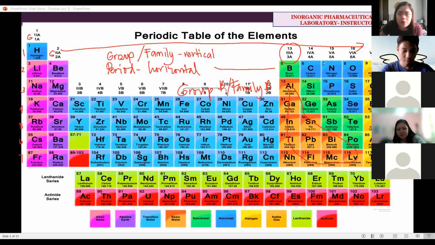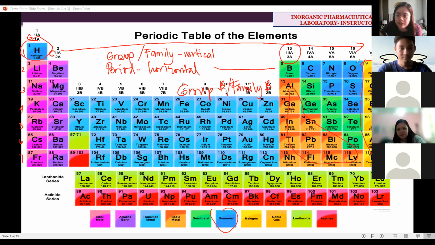Next, we have the blue ones here, including hydrogen, carbon, nitrogen, phosphorus, oxygen, sulfur, and selenium. Do not forget that they are our non-metals. But actually, the fluorine group here, and the ones in yellow or brown here, the noble gases, are actually still non-metals. It's just that we separate them.